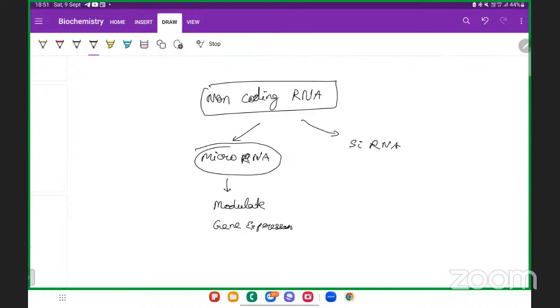So how does this modulate? You will be having a pri-microRNA.